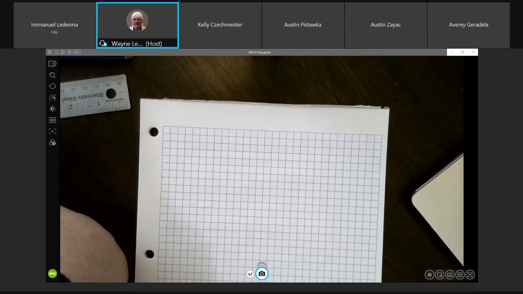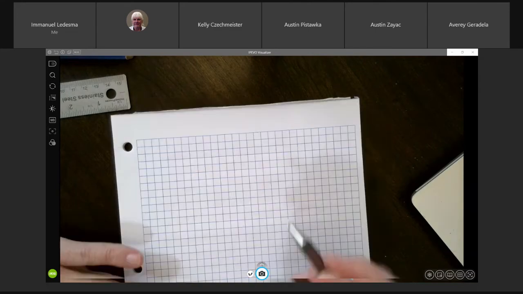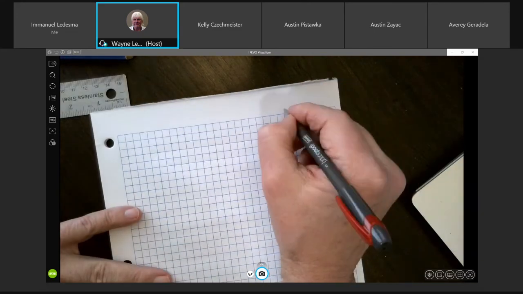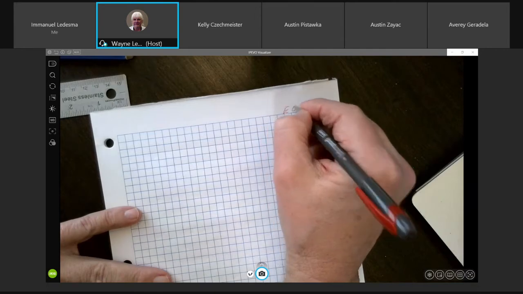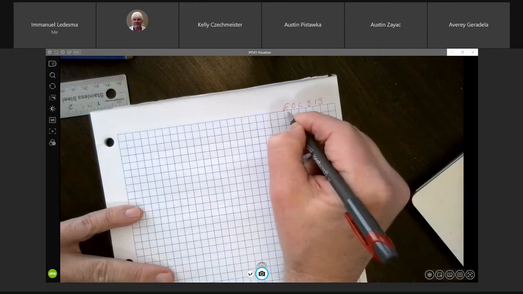Although the question doesn't call for it, I'm going to solve this one using 3 different methods. So I'm going to say we're dealing with here EOC 313.